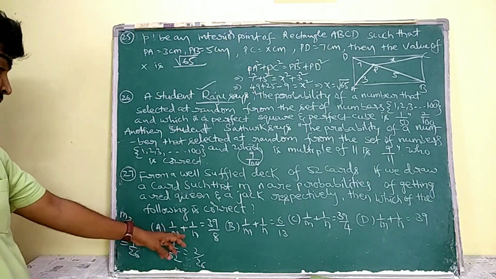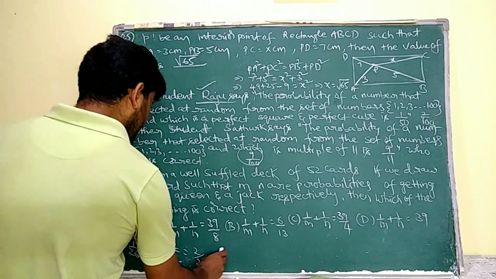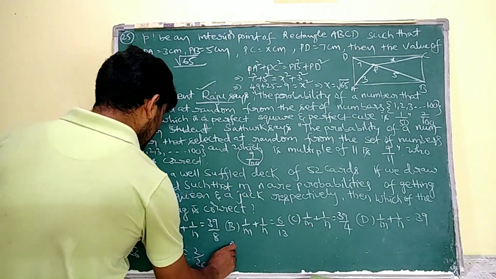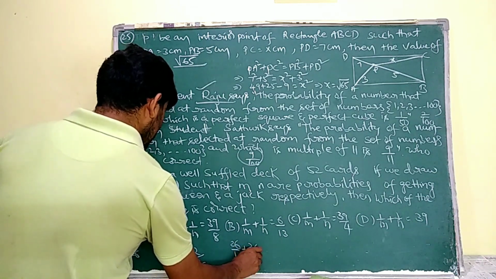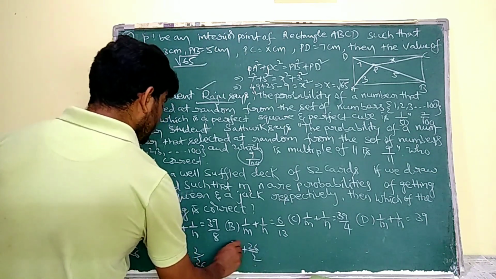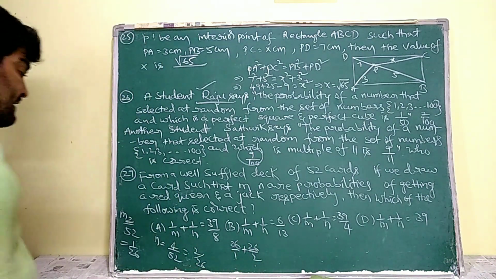1 by M plus 1 by N is equal to 39 by 8, it is saying. 1 by M plus 1 by N is 26 by 1 plus 26 by 2, that is equal to 26 plus 13, that is 39.